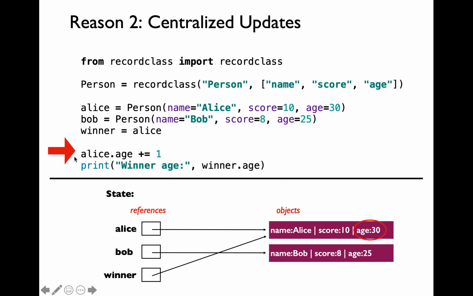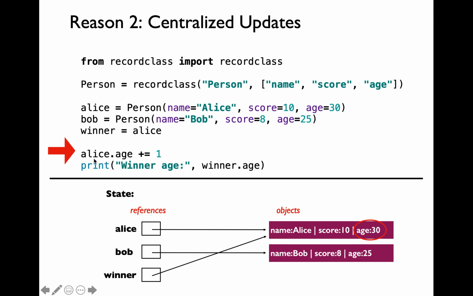So if we say alice.age plus equal to 1, which is allowed because we are using recordclass mutable type to create the custom type person, we are going to update the value of the attribute age within this particular object instance here.